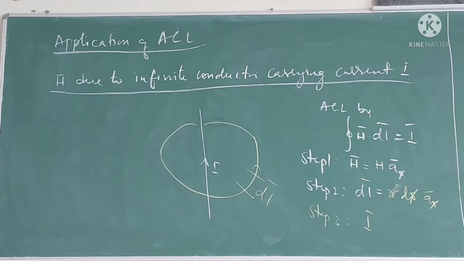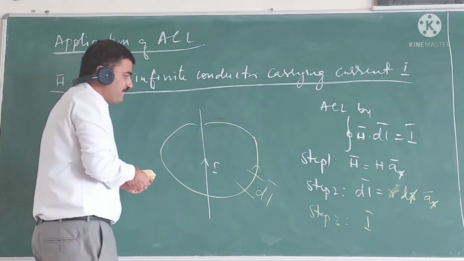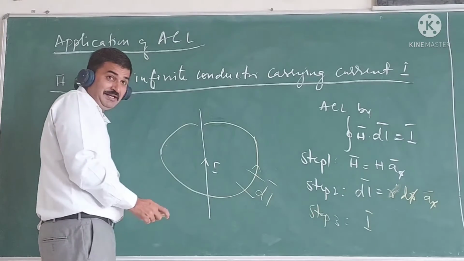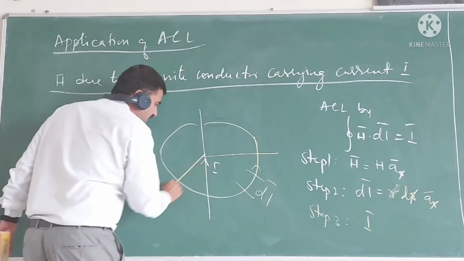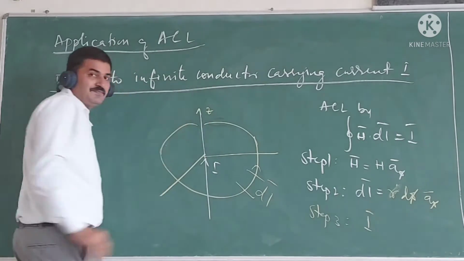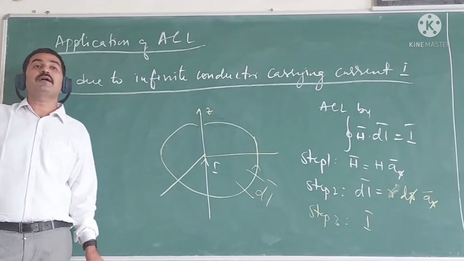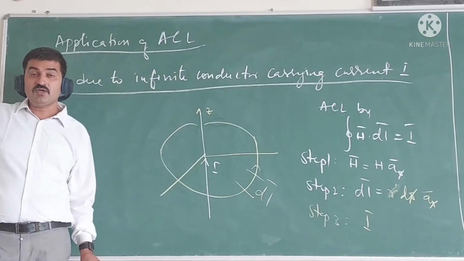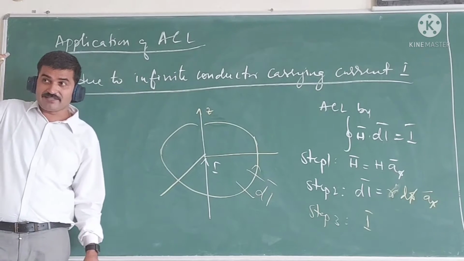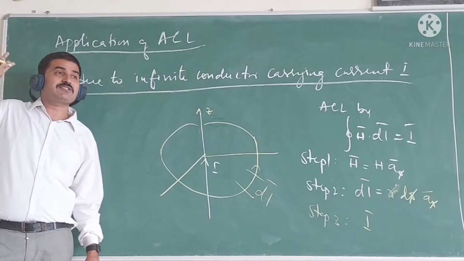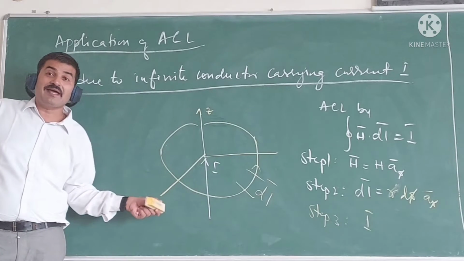Step 1: I will consider an infinite conductor carrying current along the z-axis. Consider a conductor along the z-axis whose length is infinity and carrying a current I. Whatever explanation I gave for the first application of Biot-Savart's law, the same explanation you can write.